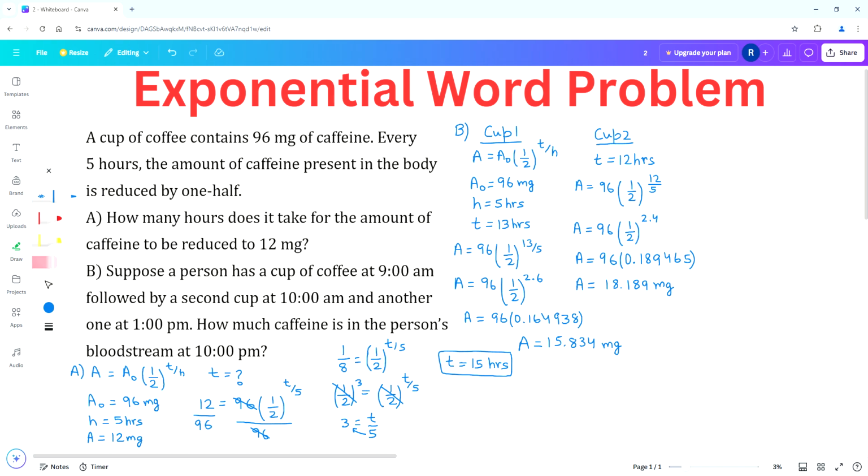Now we can analyze cup 3. Cup 3 is consumed at 1 p.m. So the value of T for cup 3 is 9 hours.